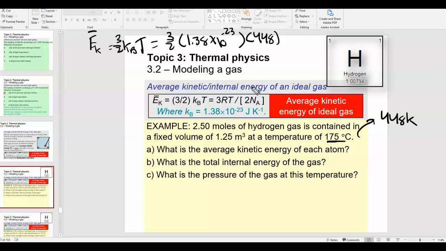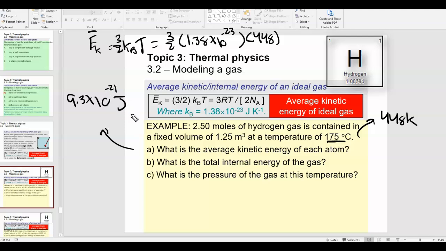In my calculator, 1.5 is 3 over 2, so 1.5 times 1.38 times 10 to the negative 23 times 448. The number I get for A is 9.3 times 10 to the power negative 21 joules.